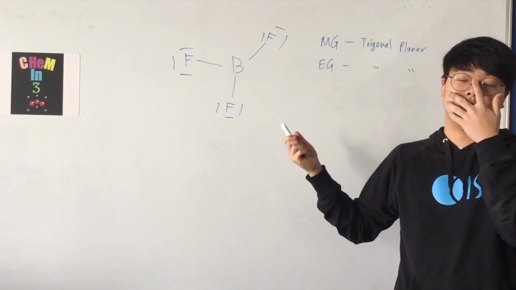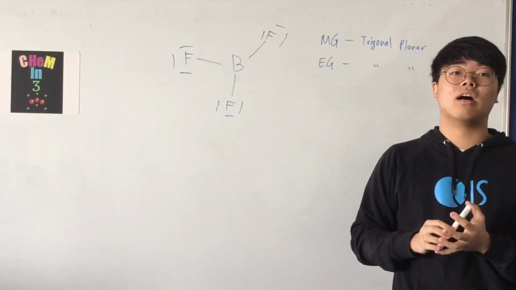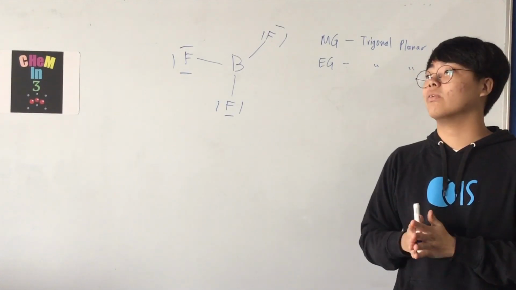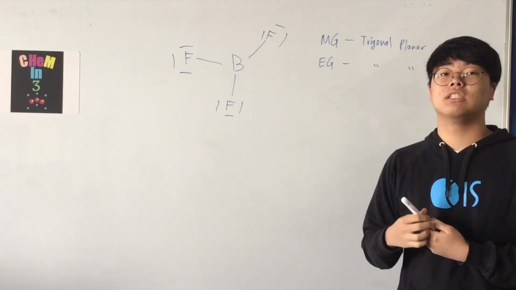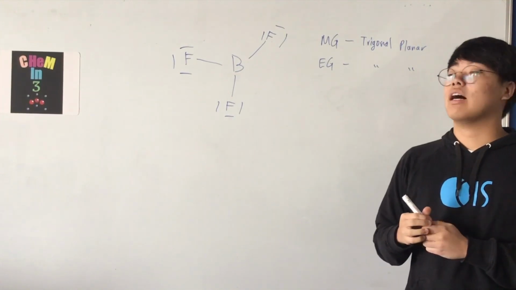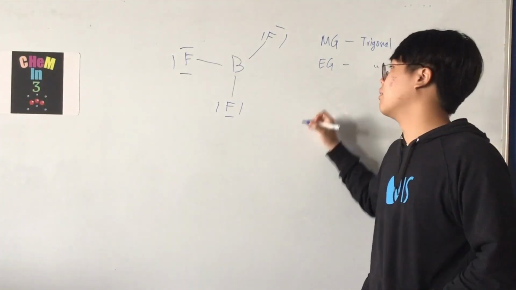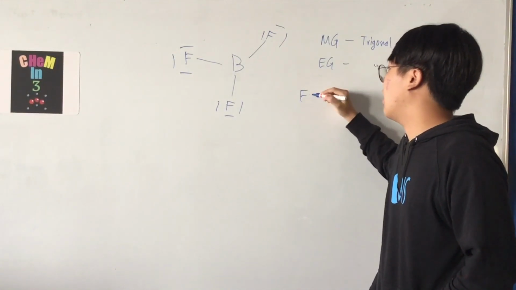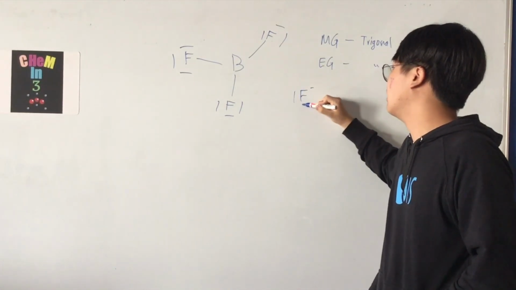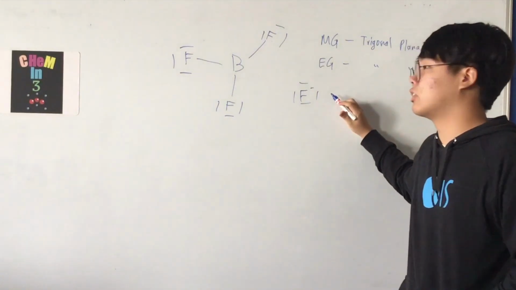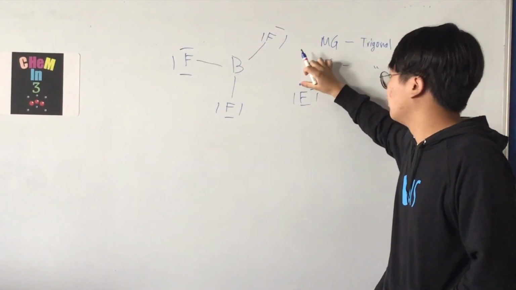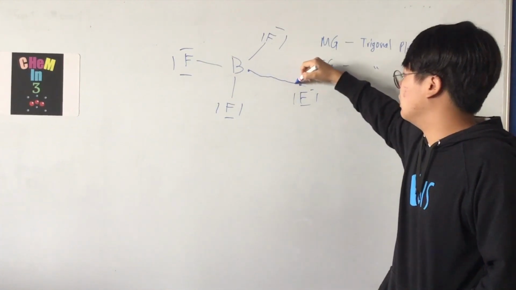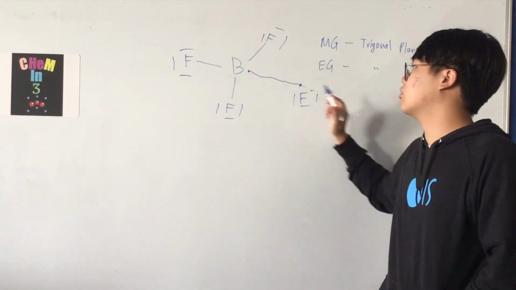And the BF3 molecule can also undergo dative covalent bonding when it reacts with species with a lone pair. For example, if you were to have F minus here, which has 8 electrons in itself, one of the lone pairs here can bond with the boron that is here.